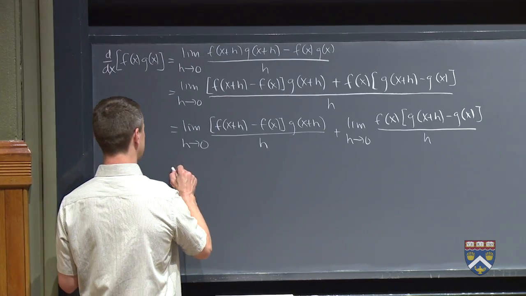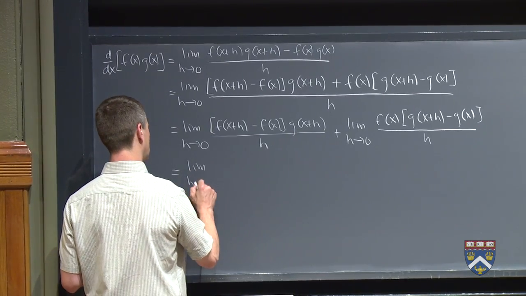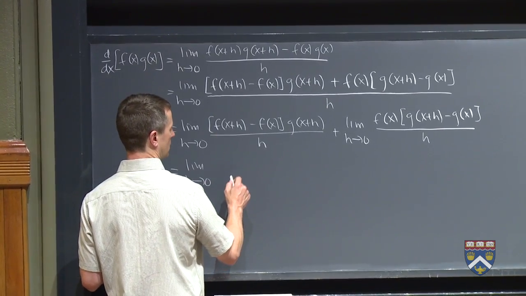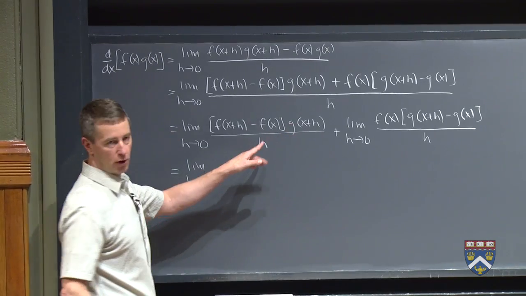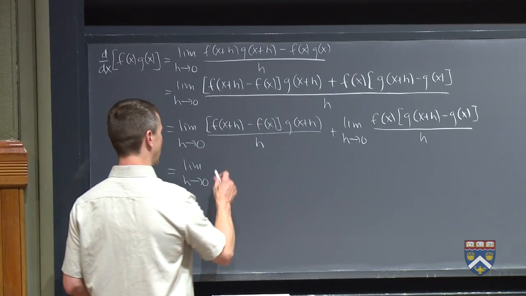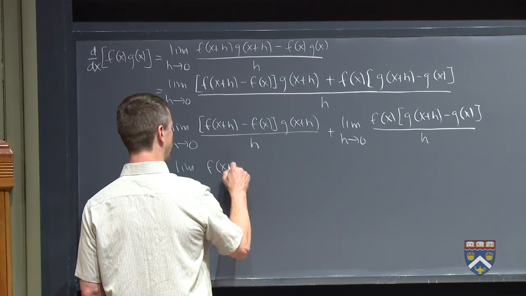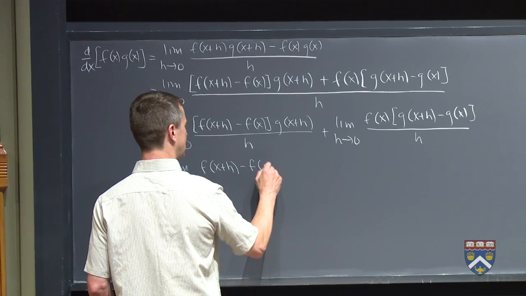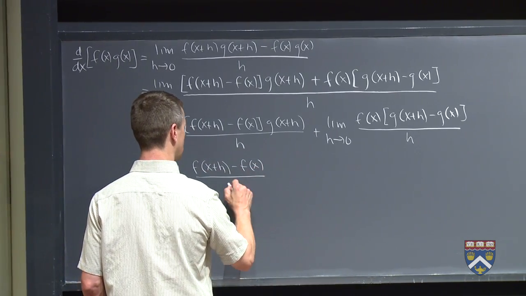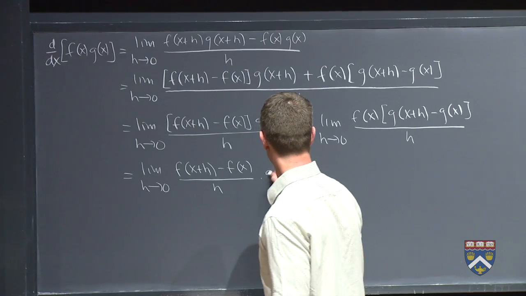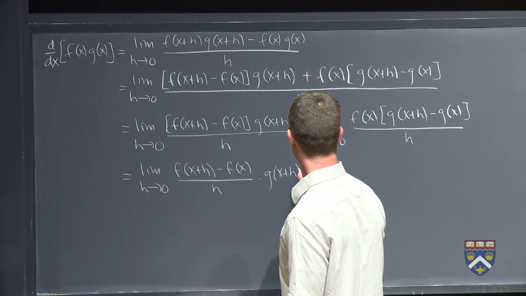And then we can further break this up. If I have two things multiplied together over a fraction, I can just rewrite that as f of x plus h minus f of x over h, times g of x plus h.